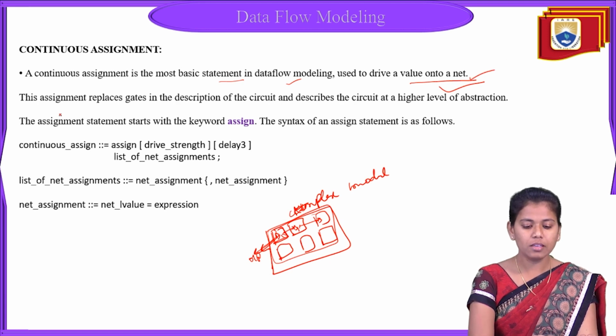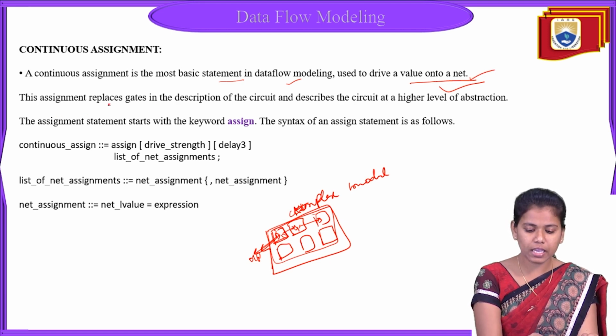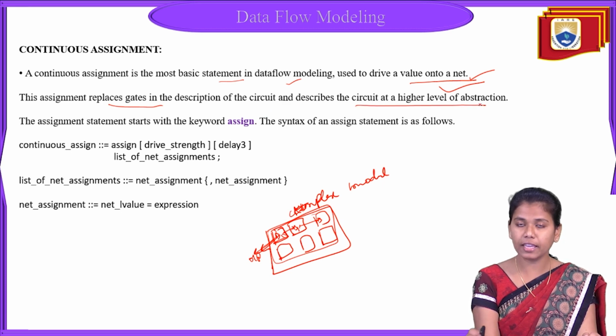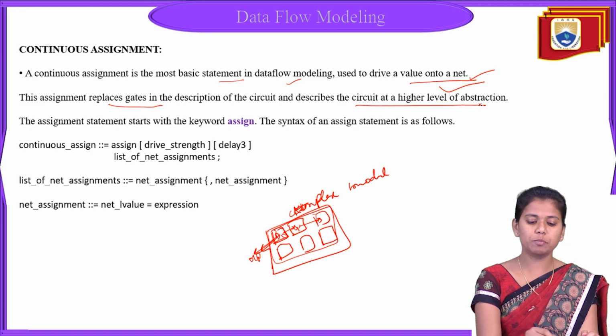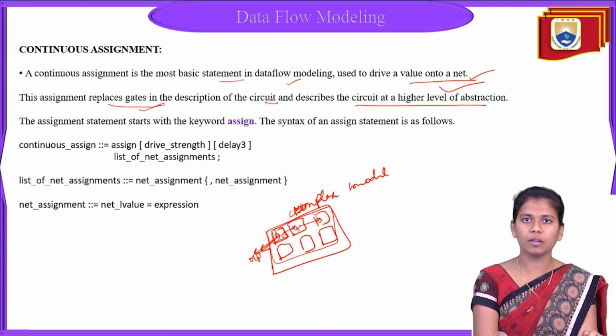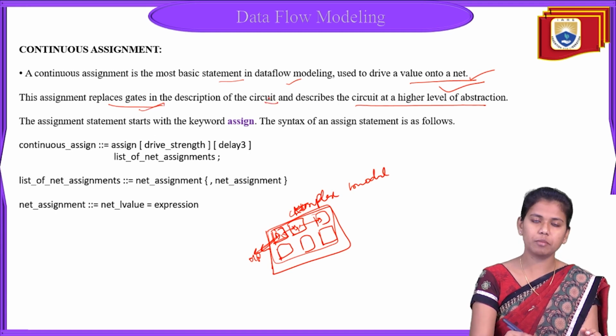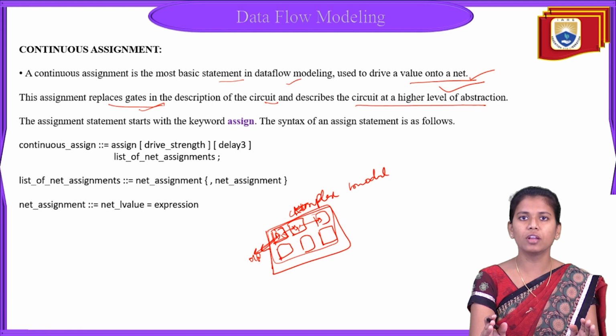Next, this assignment replaces gates in the description of the circuit and describes the circuit at a higher level of abstraction. For example, if you consider any digital circuit, that circuit is made up of some kind of gates.